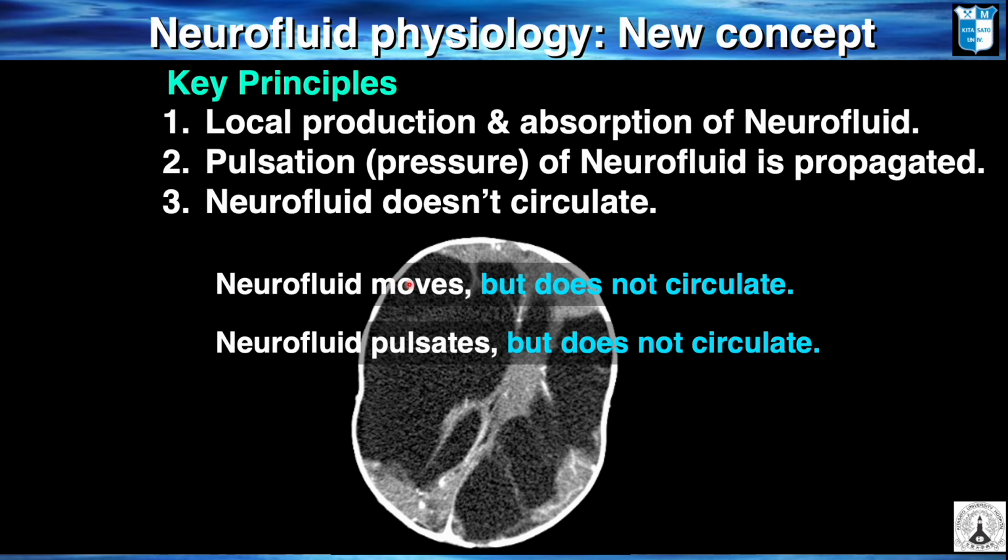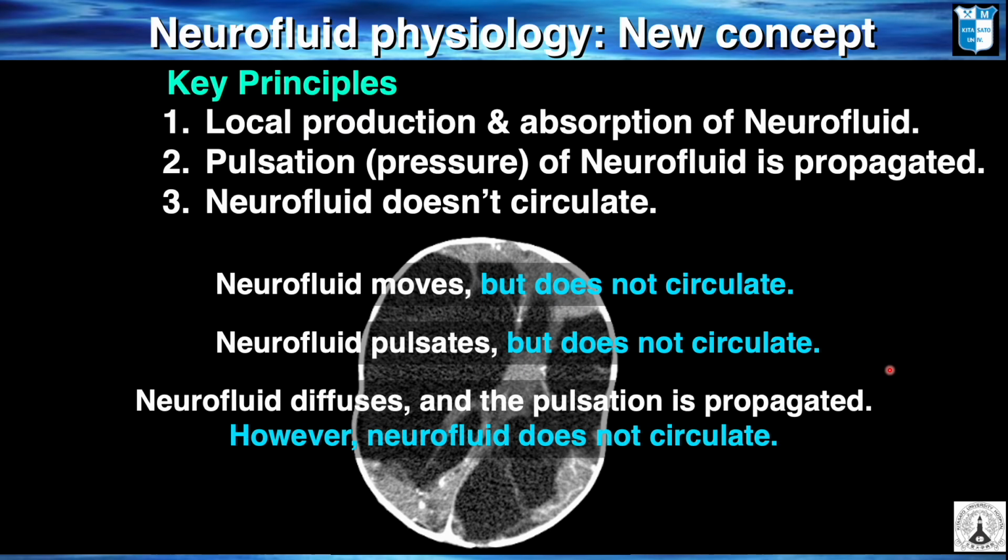Neural fluid moves but does not circulate. It pulsates but does not circulate. It diffuses and the pulsation is propagated, however, it does not circulate. These are the new concepts of neural fluid physiology, and we have to understand them.